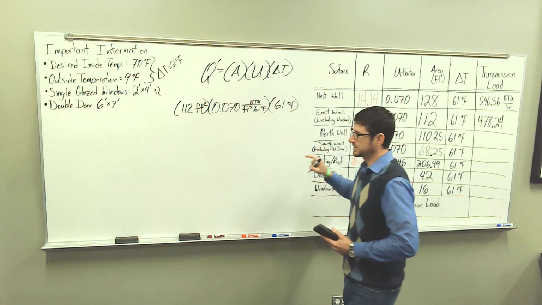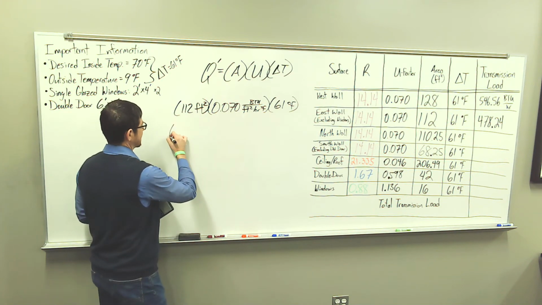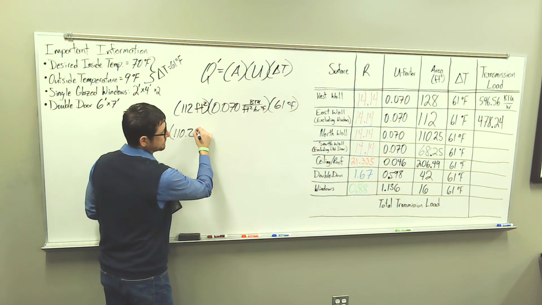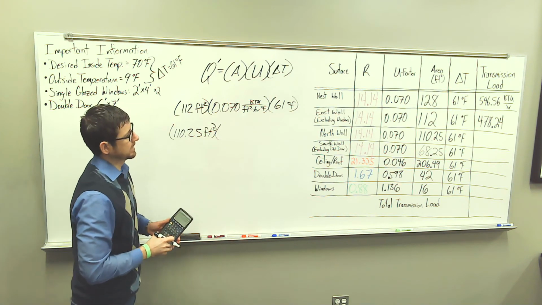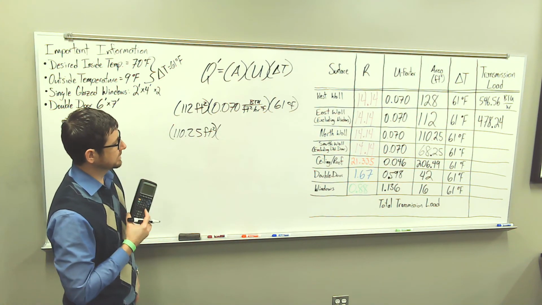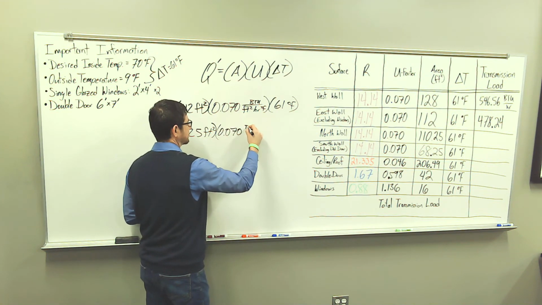Next, let's look at the north wall. The north wall has an area of 110.25 square feet. And we are going to have a U factor of 0.070.